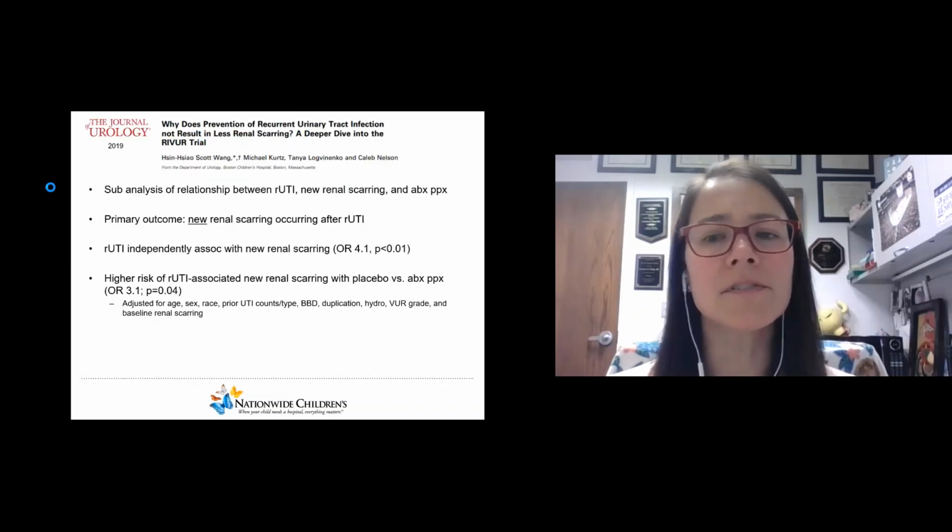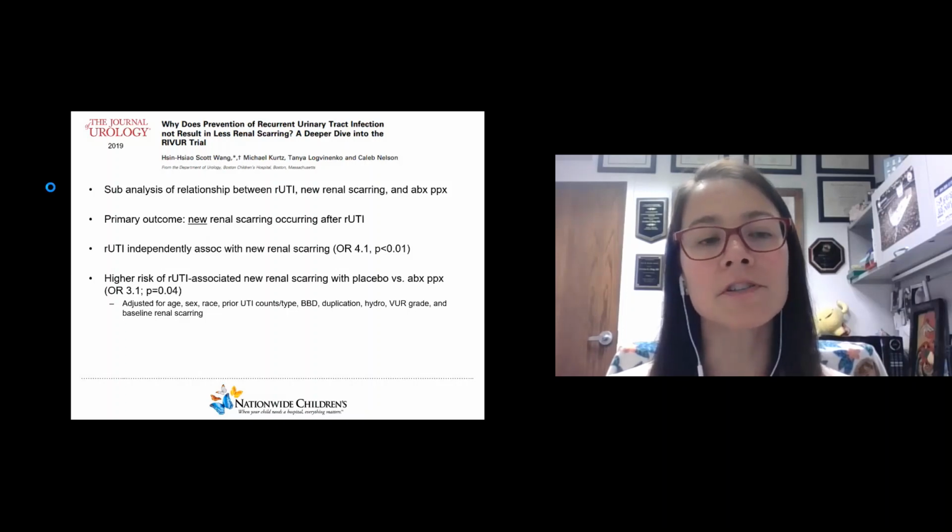So in order to delve a little further into why preventing a recurrent urinary tract infection did not result in less renal scarring, this is a paper that did a sub-analysis of the relationship between recurrent urinary tract infections, new renal scarring, and antibiotic prophylaxis, looking at if new renal scarring occurred after a recurrent urinary tract infection and seeing the effect of antibiotic prophylaxis on that.